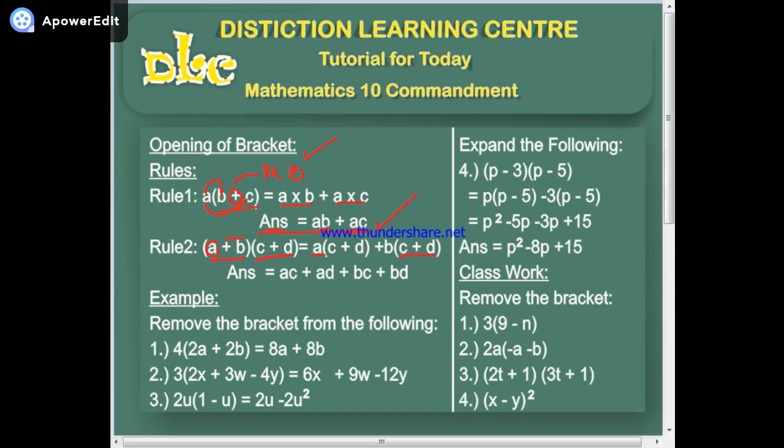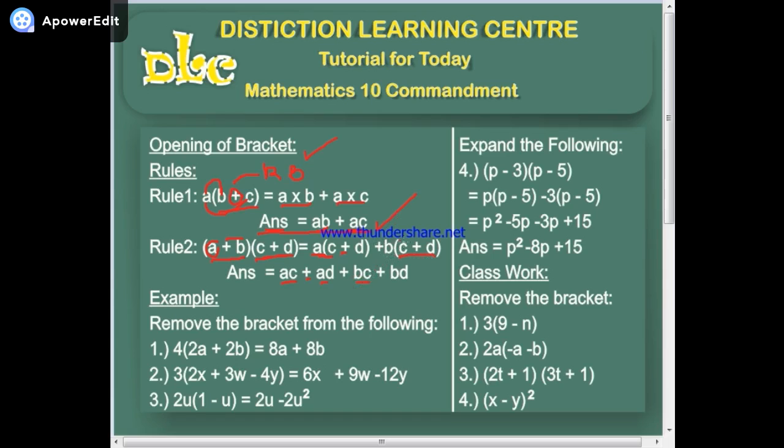So if you want to do that one now, it will be A times C, that is AC. And this plus here will come here. And A times D will give you AD. So you are done with that. Now the next one will be plus B. That means you will use this B outside to open the one inside, which is B times C, that gives you BC.